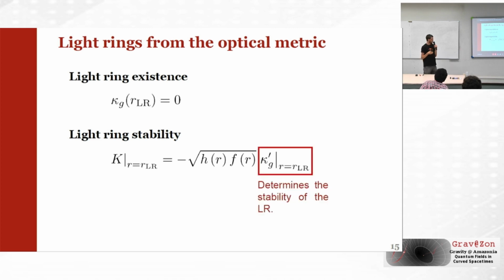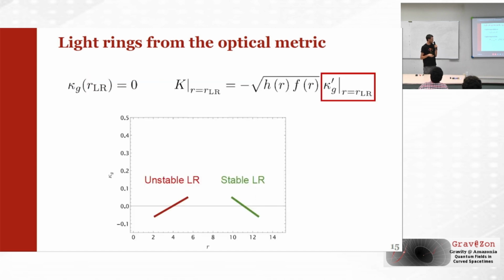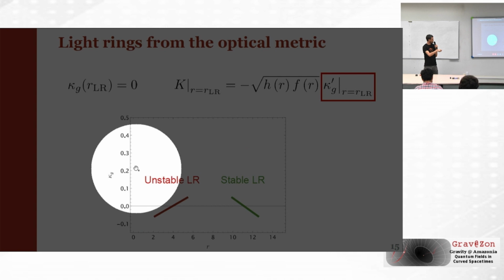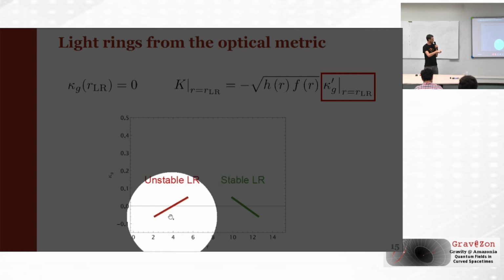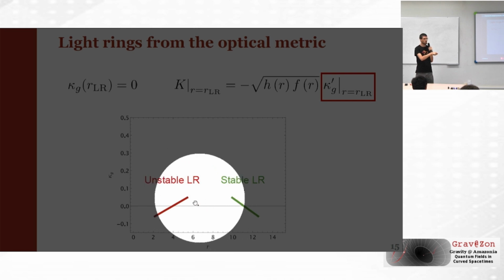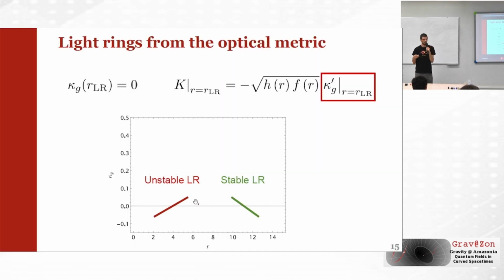So imagine that we have this plot of the geodesic curvature, and if we have a zero which is crossed with positive slope, this corresponds to an unstable light ring, and if the zero is crossed with negative slope, we have a stable light ring.